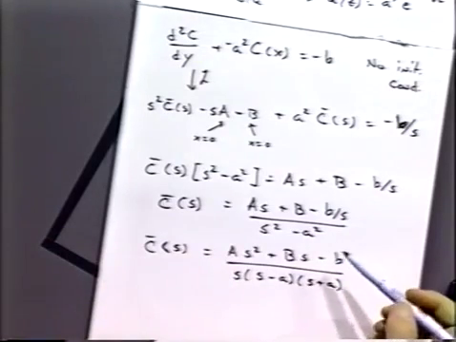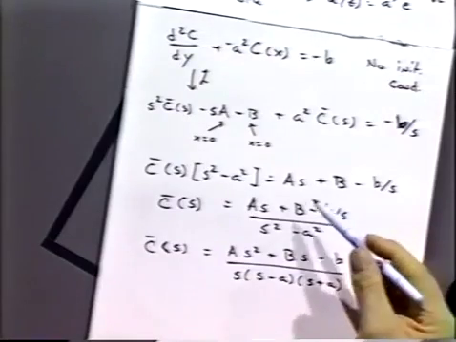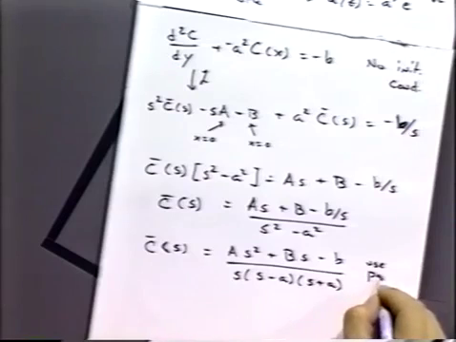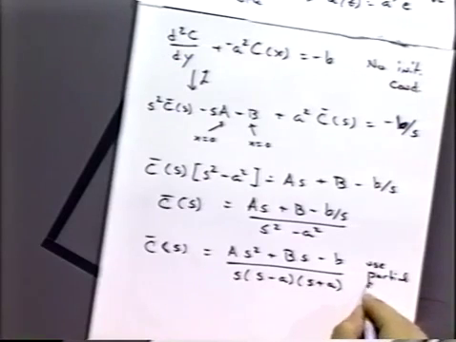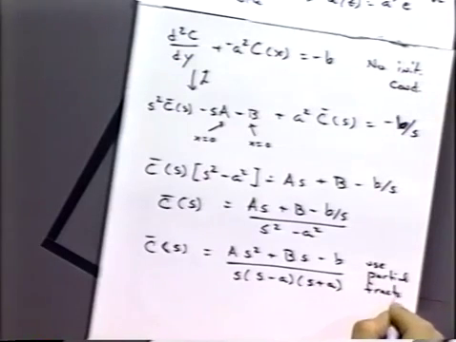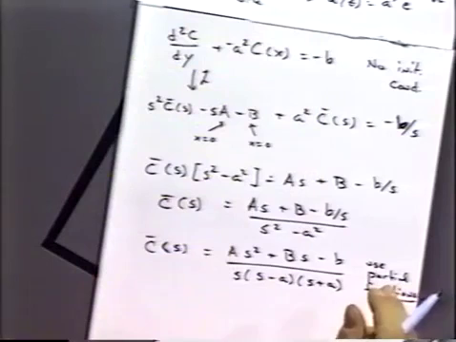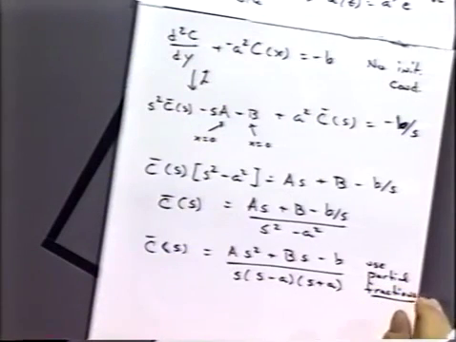Now to fraction this, we use partial fractions. And they're in the book, and you can see a description of partial fractions and how to use them in the book. I'm not going to really go through the whole thing. It's just a math trick, basically, so you can look through that yourself.